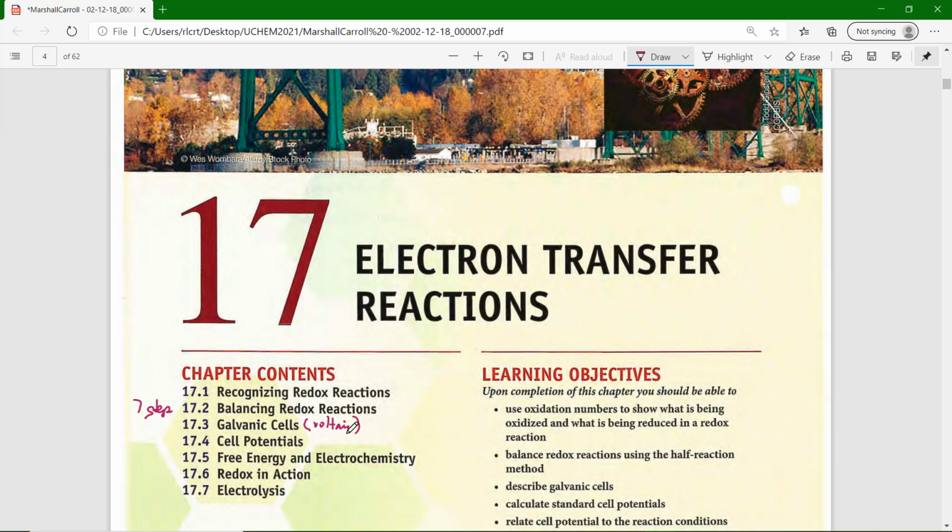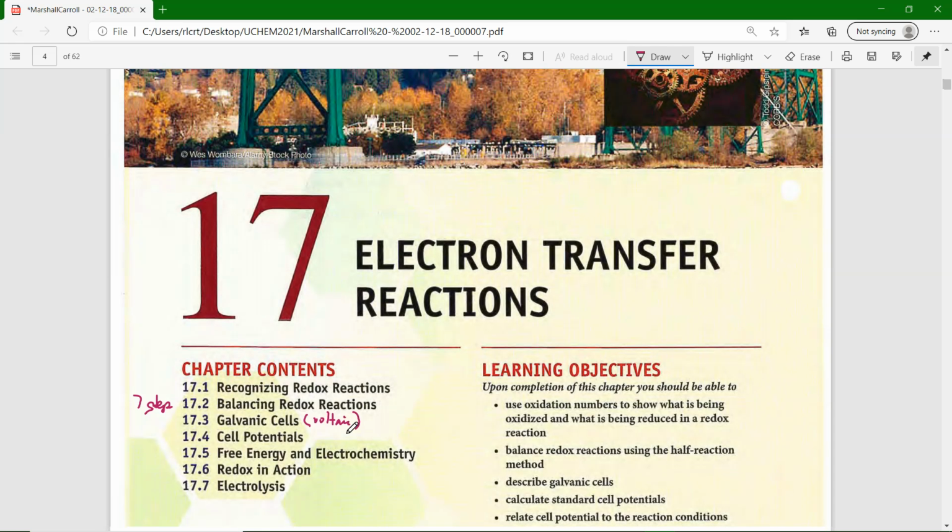Cell potentials, how much force is used to push those electrons around a current. Free energy, how that's related to electrochemistry. Examples of redox in action, like we'll look at some corrosion processes, and electrolysis, which is electrolytic cells, and it's going to be fun.